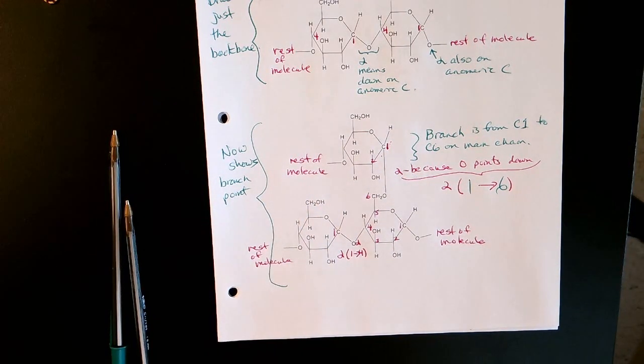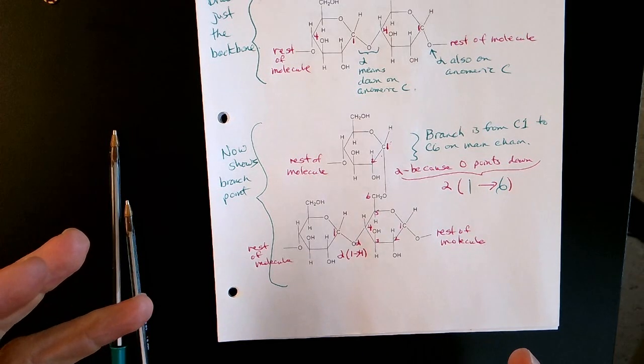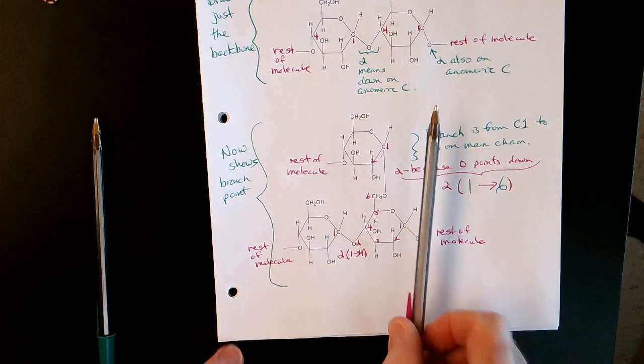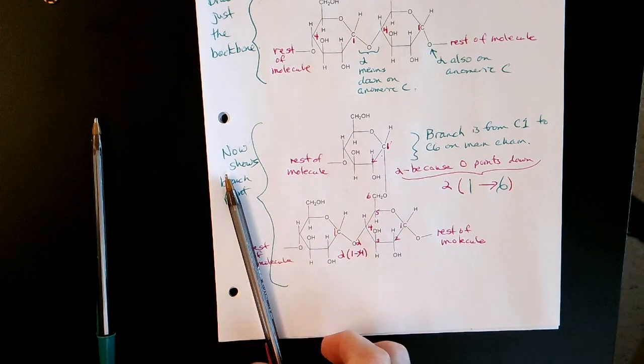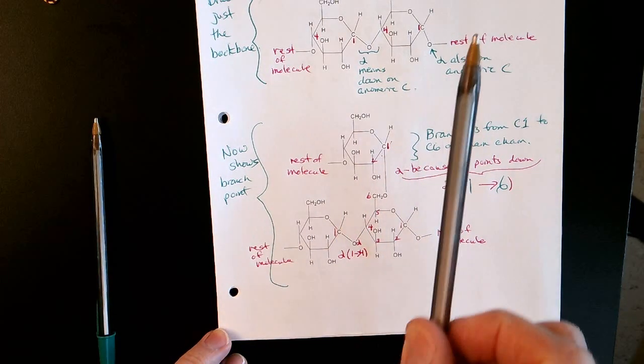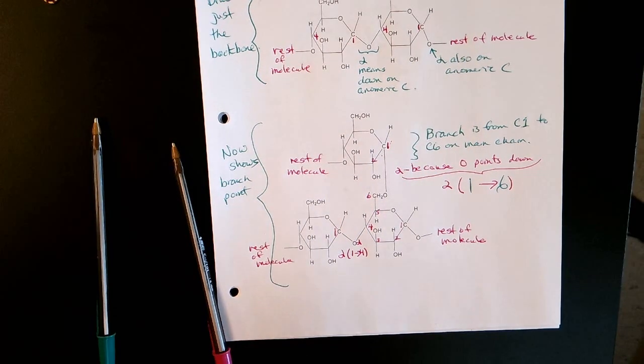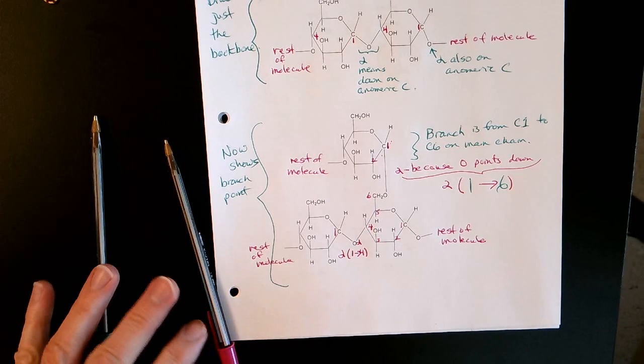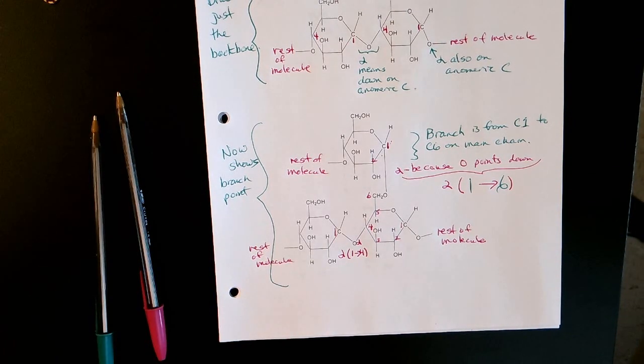And that is one thing that makes starch decently easy to metabolize if you're a human being. You have starch metabolizing enzymes that know how to recognize branch points. It's like, aha, I know how to tear this molecule apart. I'm going to start with the branch point, and that'll make the whole thing easy to digest. And that is indeed what happens.